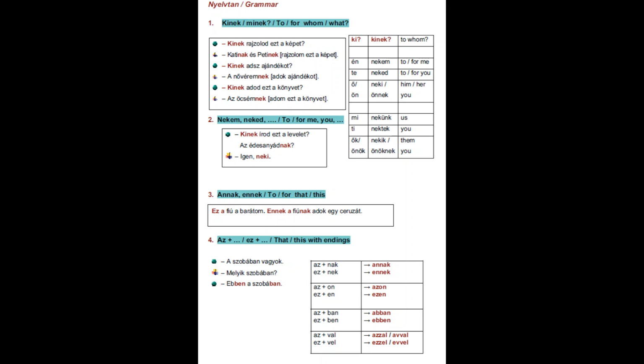Én. Me. It's actually I. Nekem. For me. To me. Nekem adod. You're giving it to me.